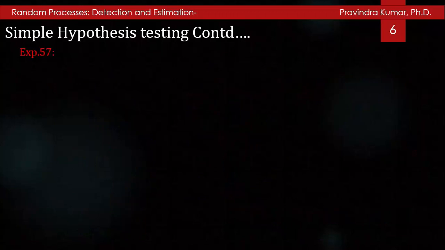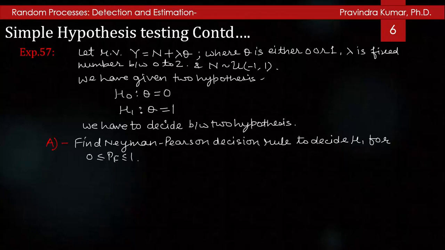Let us consider one example. Let a random variable Y equal N plus lambda theta, where theta is either 0 or 1, and lambda is a fixed number between 0 and 2, and N has the uniform distribution between -1 and 1, and we are given two hypotheses.